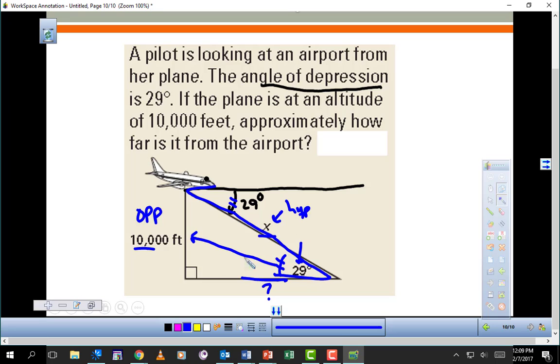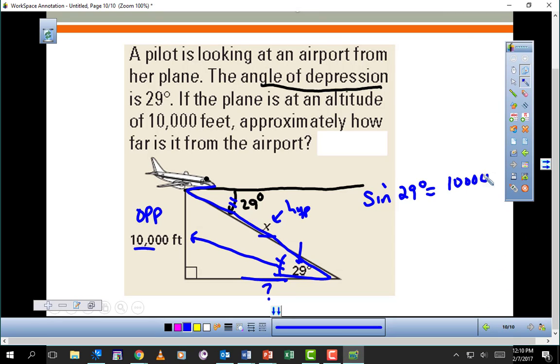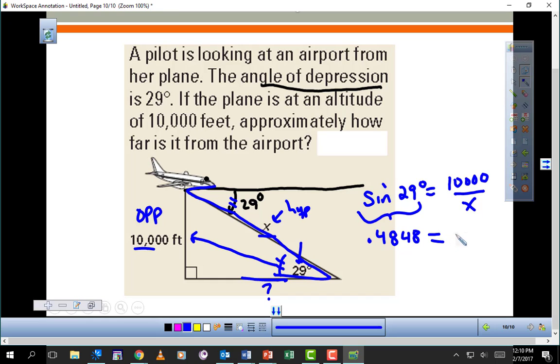So I want to use the sine, because the sine of this 29 degrees is going to be equal to the opposite side, which is 10,000, over x. Once again, we'll use our calculator. Sine of 29 degrees, I get 0.4848.